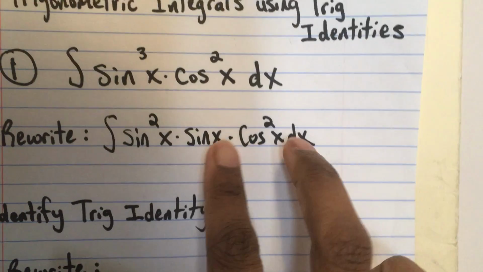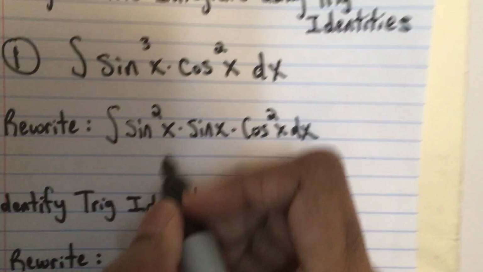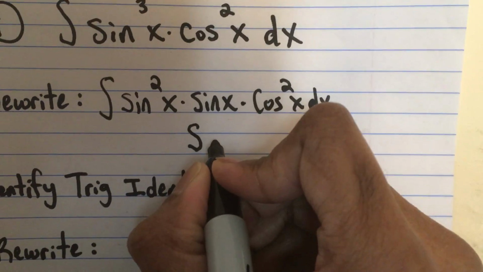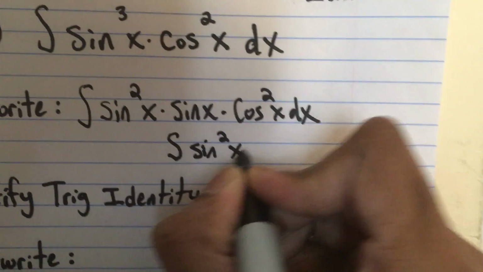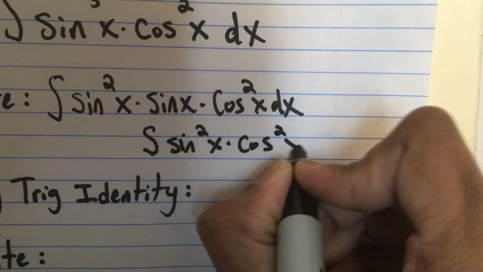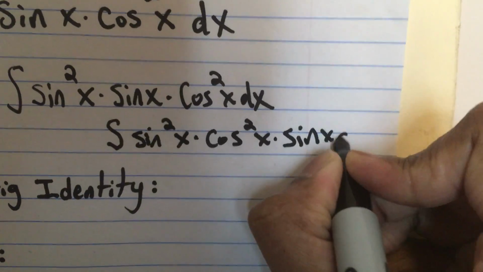I'm going to switch the sine x in the cosine squared x. So we have the integral of sine squared x times the cosine squared x times sine x dx.